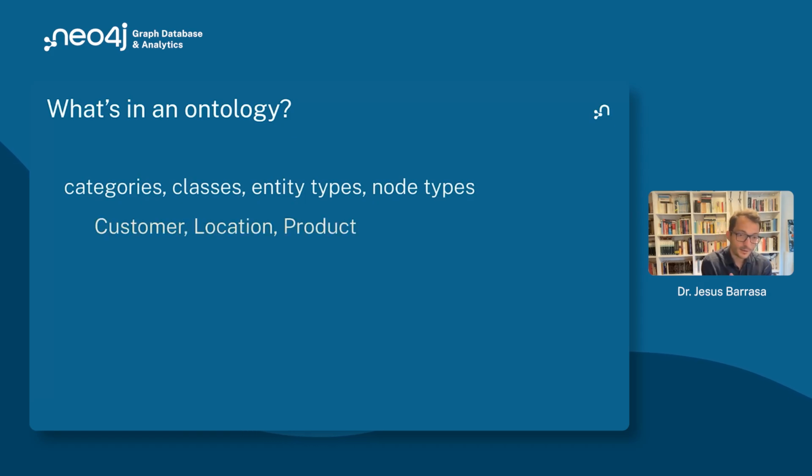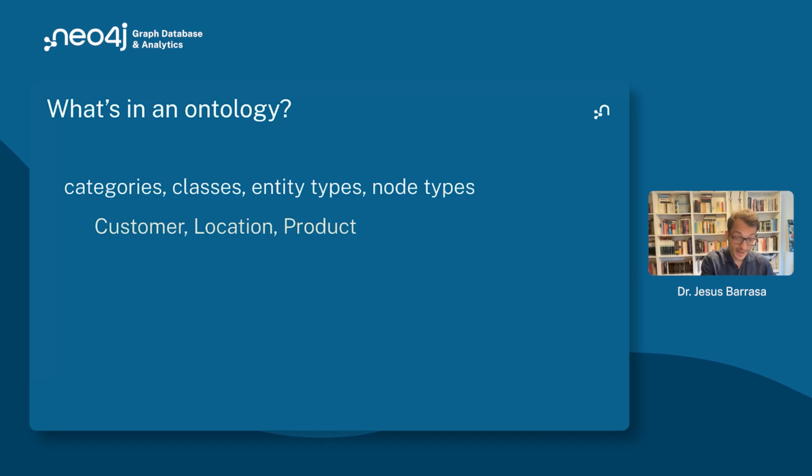That can be, for example, customers. What's the notion of a customer? If you're building an ontology in the e-commerce domain, you will have customers, you will have purchases, you will have products. This is the kind of thing that categories, classes represent. It can be locations, all these sort of things.